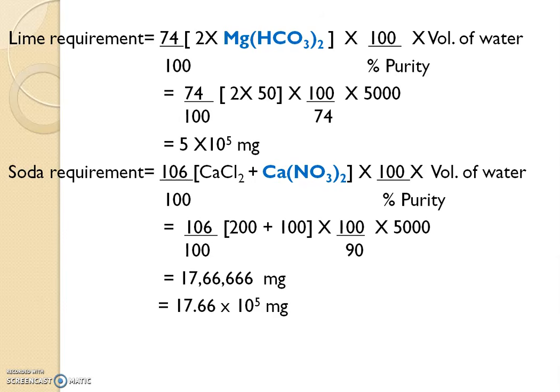In the second, I have used the lime and soda formulas both, second and third. In the fourth numerical, we use the purity. So we have done three types of numericals in this video. I hope you understand the concept of these numericals.